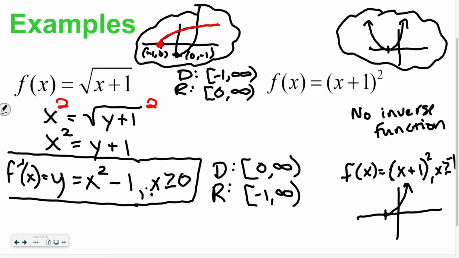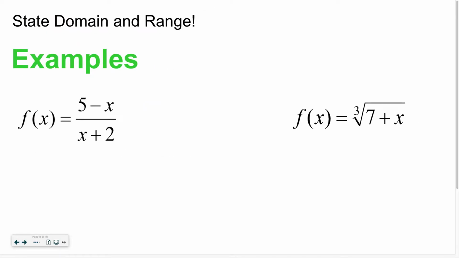That would be just one arm of the parabola. Would you have found the inverse then? Yeah. What kind of function will your inverse be? A square root function. You'll switch x and y, you'll have to square root both sides, you'll subtract the 1, it'll be a square root function moved down 1.